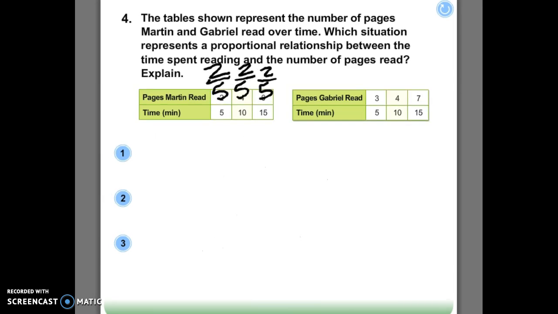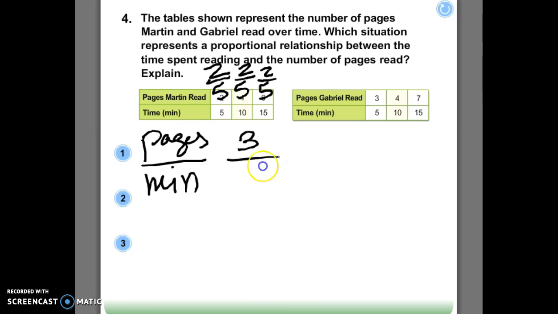Now we need to decide if Gabrielle has a proportional relationship of reading pages per minute. So again, 3 is going to go on top because that's the number of pages. 5 will go on bottom because that's the amount of time it took. There is nothing that 3 and 5 can be divided by, so I know that is the reduced fraction.